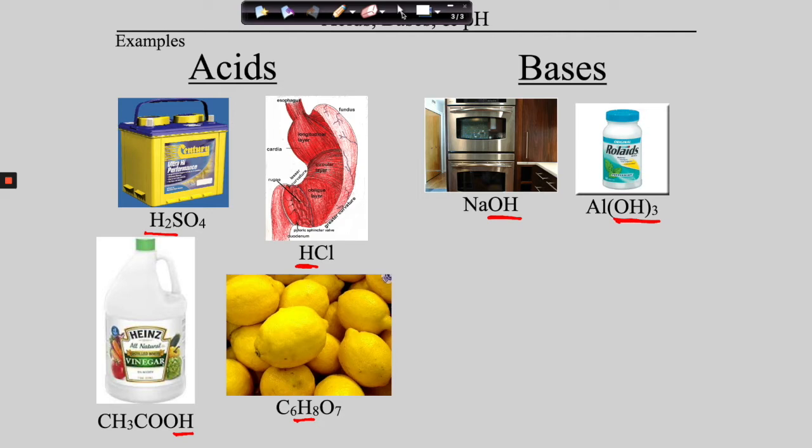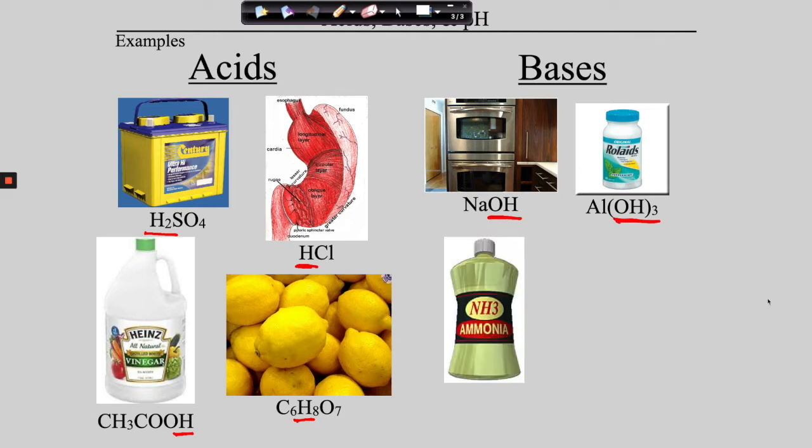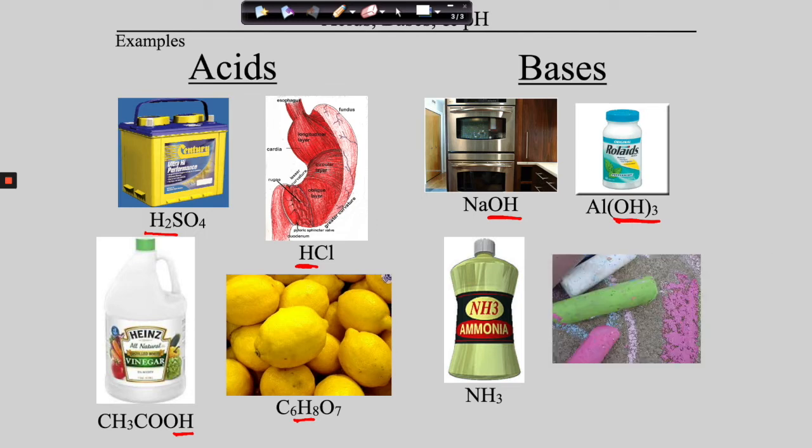This is where things get a little fuzzier. Guys, ammonia, which is NH3, you can see that on the cartoon bottle or down below. Guys, NH3 or ammonia is a base, but you'll notice it doesn't contain any OH. Another example would be sidewalk chalk. Sidewalk chalk, which is calcium carbonate, is also basic, but it does not contain any OH.